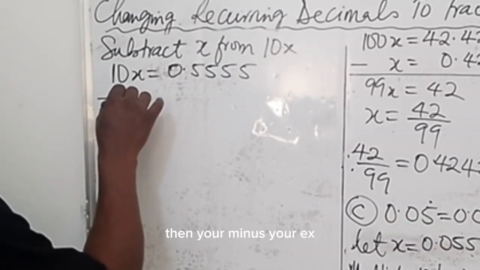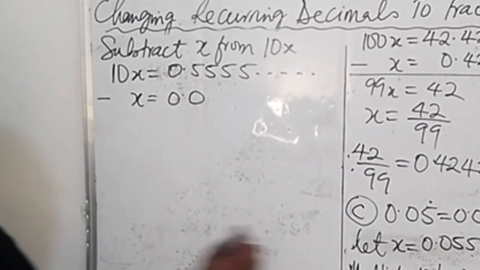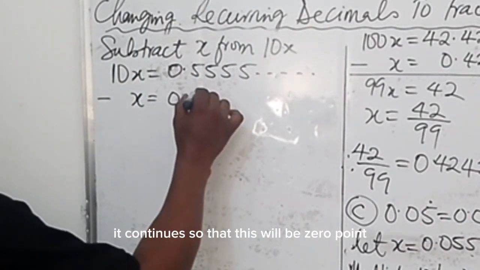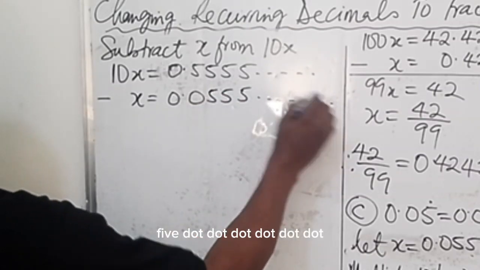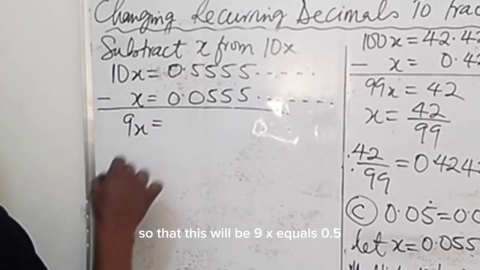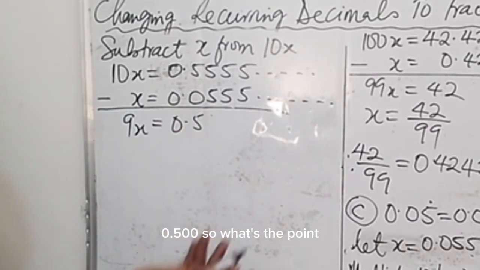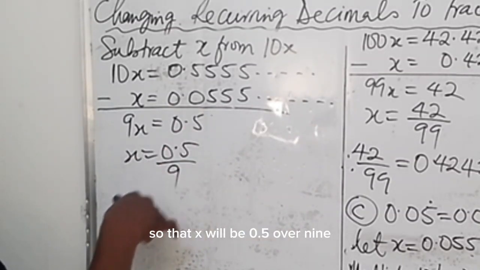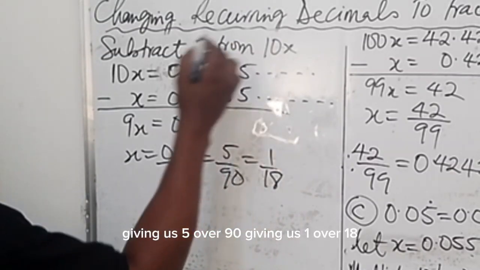Then minus your x, which is 0.0555 dot dot dot. It continues. So this will be 9x equals 0.5. So x will be 0.5 over 9, giving us 5 over 90, giving us 1 over 18.